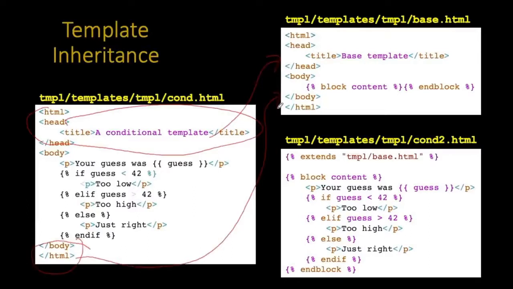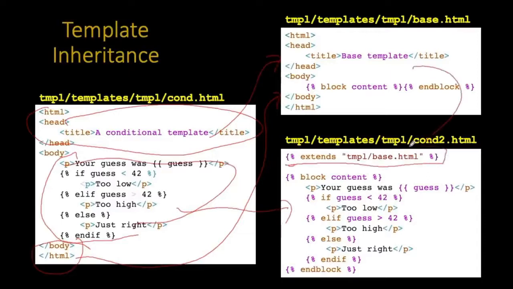And then we take the part that we're going to change every time and we put it into a template that extends. See, this one here has one line that says extends temple-base.html. So this one uses everything in here but then adds some stuff. Okay, so the basic idea is we split this one big template into reusable parts and non-reusable parts.